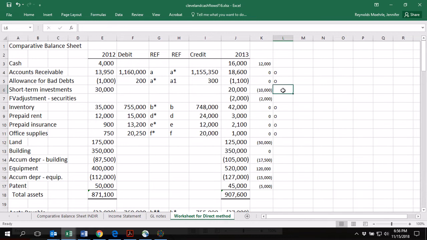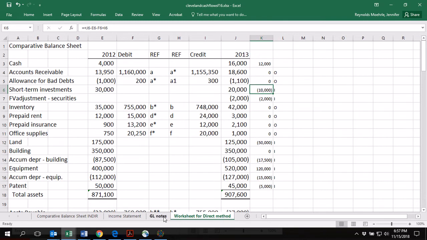So that's going to be all of these other asset accounts that are impacted or related to our investing activities. So let's think about what the cash flows associated with each of these are. All right, so I'm looking at this short-term investments, and we have a change of $10,000, and I don't really know what that is unless I look to the general ledger detail.